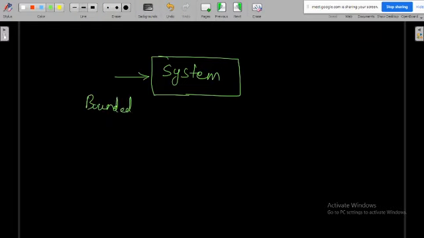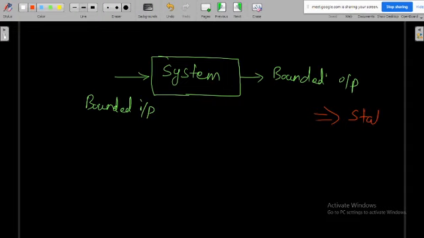Next we'll see what we mean by bounded input. The system is giving some output, and that output we are also calling a bounded output. If this is the case, then the system is a stable system.